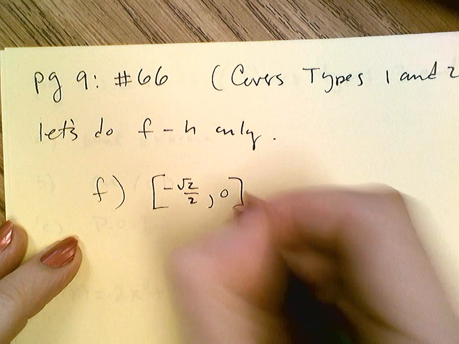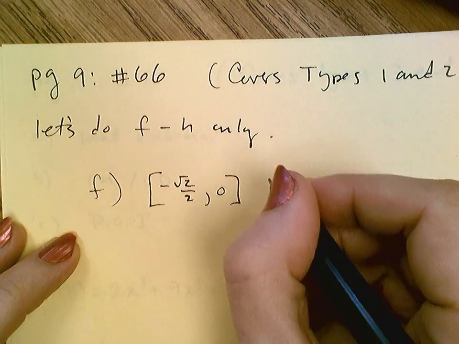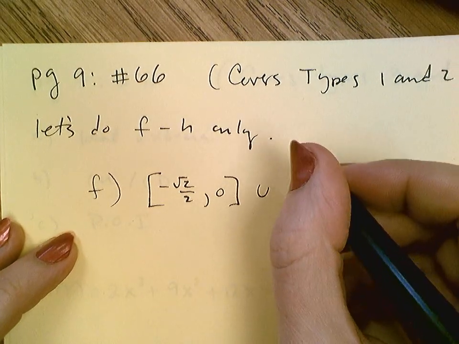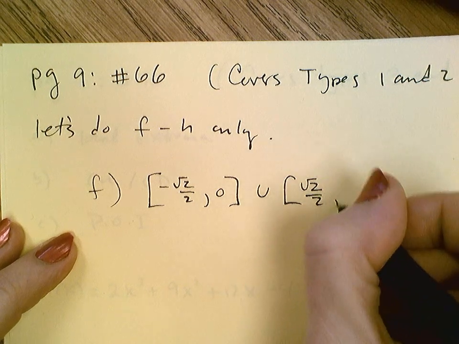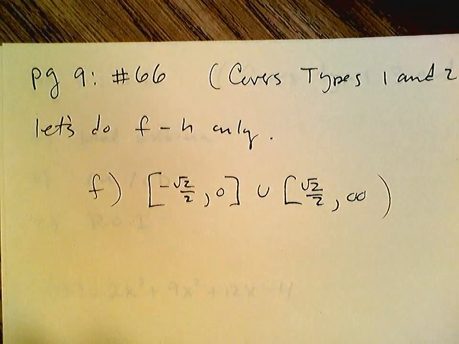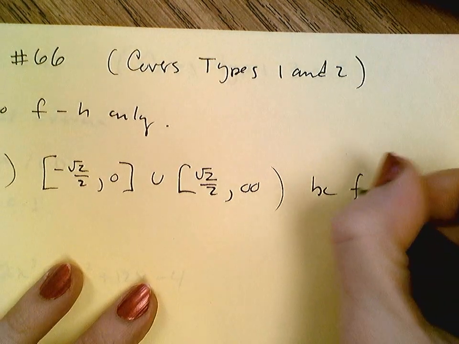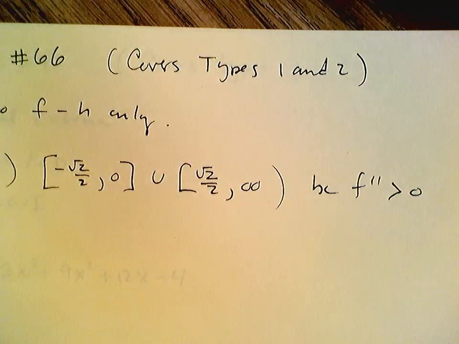And again, I feel like the book is using these brackets, if I'm remembering right. Radical 2 over 2 to infinity. Okay, and that's because F double prime is greater than 0.